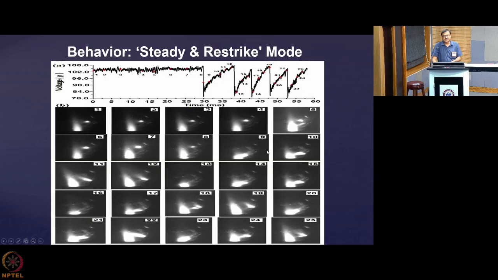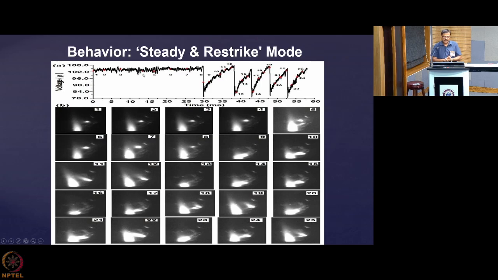When you are operating such arcs at a very high power, and with molecular gases like nitrogen, oxygen, or air, then this restrike mode of instability is very commonly found in such devices.